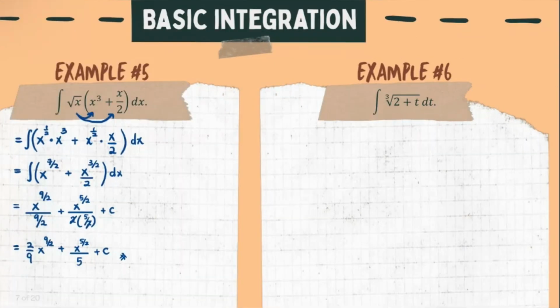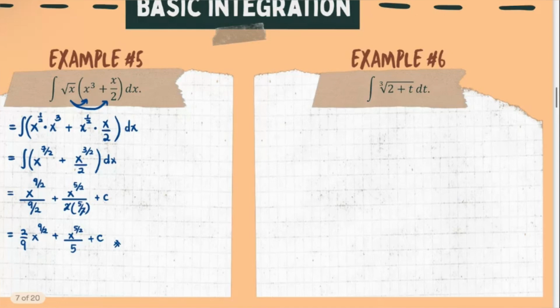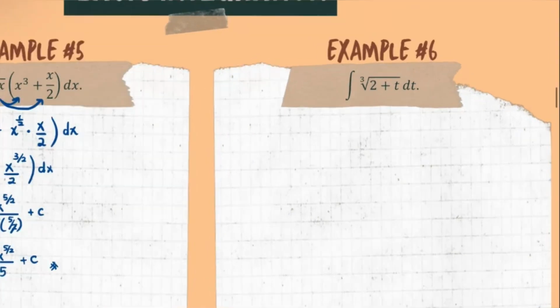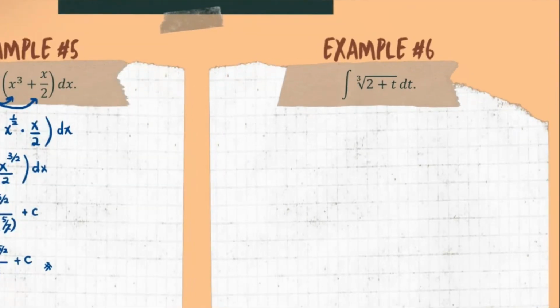Example 6. Ni lebih kurang macam yang sebelah ni lah. Dia kuasa 1/3. So saya rewrite dia sebagai 2 plus t to the power of 1 over 3 dt.